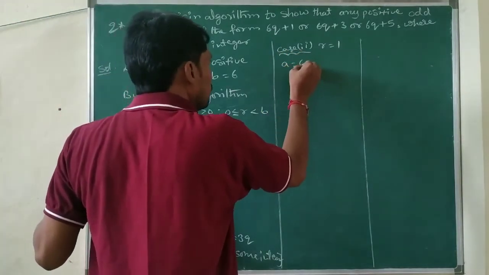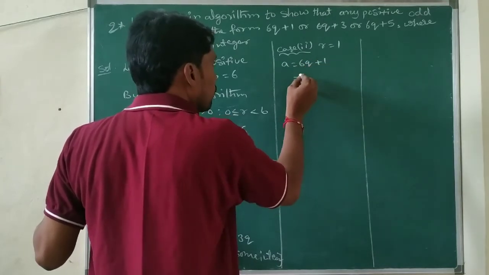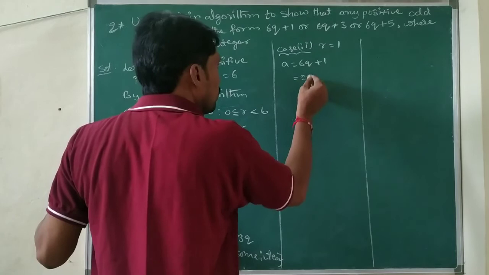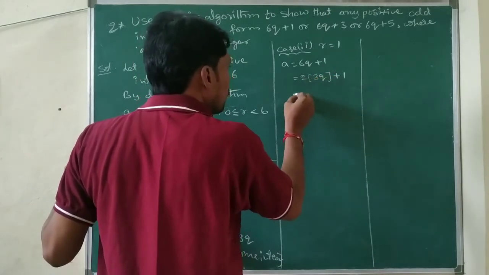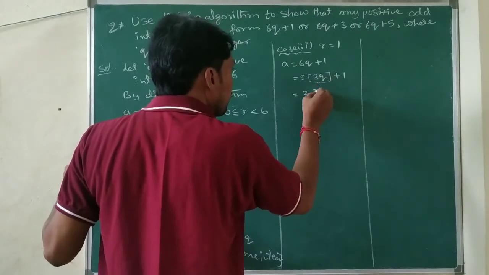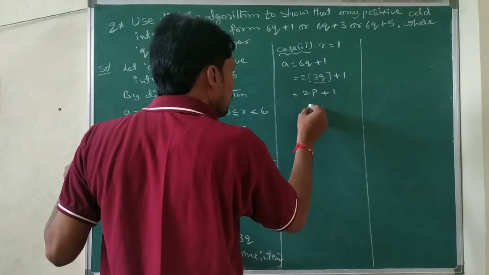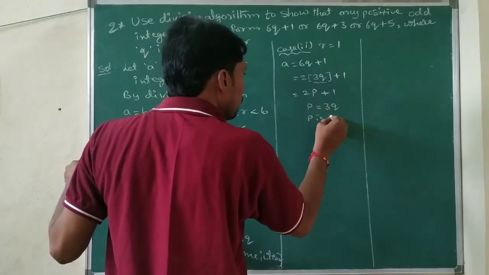So a equals 6q plus 1. 6q plus 1 we can write as 2 of 3q plus 1. So here 2 of 3q, I am taking 3q as p, plus 1. Here p equals 3q and p is some integer.